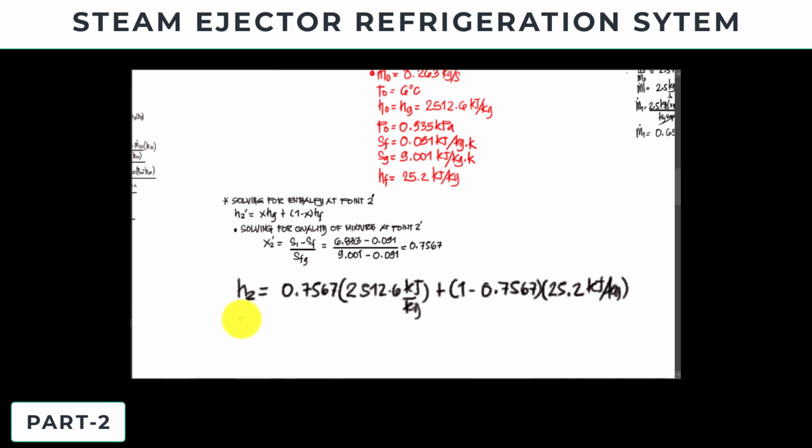Okay. So I have here my enthalpy 2 prime will be equal to 1907.41. So that is kilojoule per kilogram.